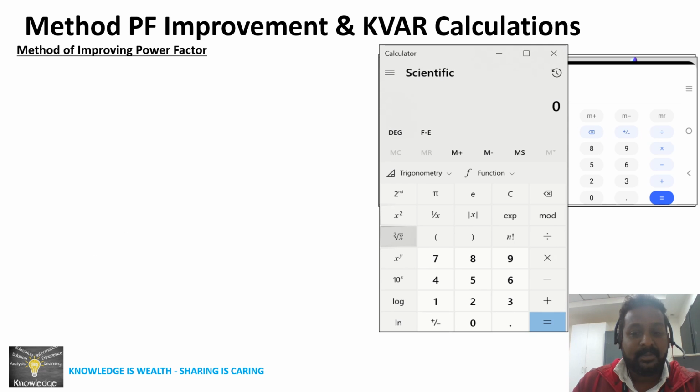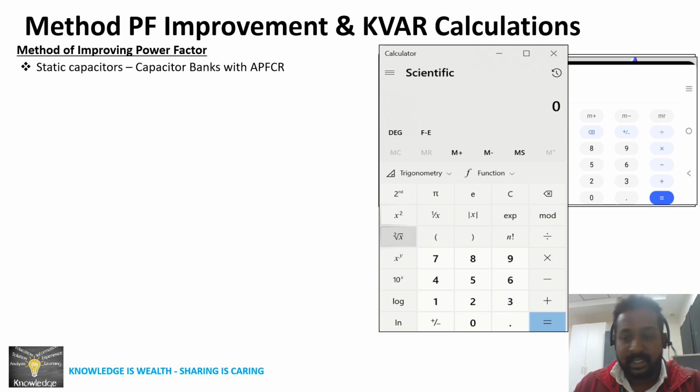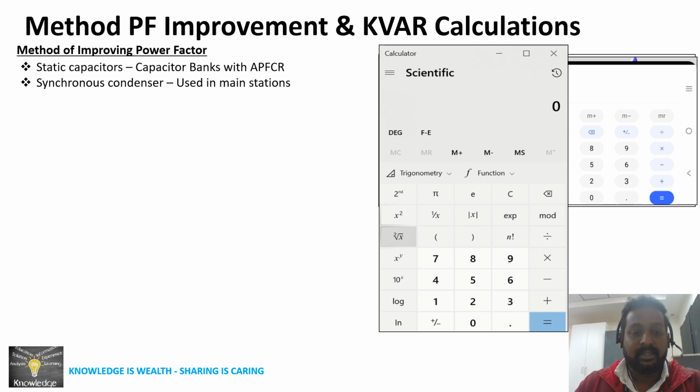And in the methods of improving power factor, there are three distinct methods. The first is to add a static capacitor. Those capacitors will take a leading current and that will improve our power factor by neutralizing the lagging effect in power. The second is the synchronous condenser.